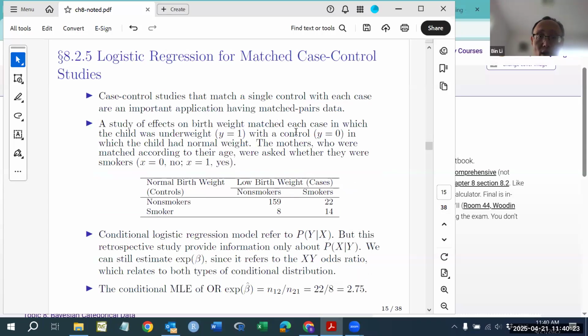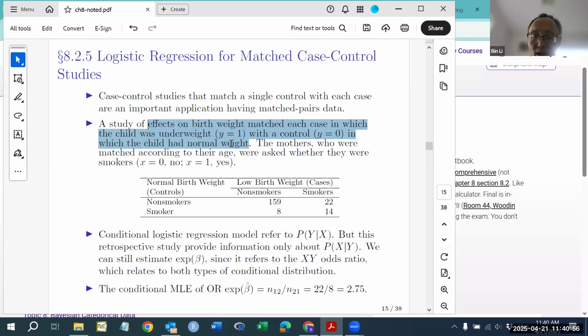Okay, so this is another example. This is the low birth weight study, a matched case control study. In this study, we want to study the effects on birth weight, matching each case in which the child was underweight with a control in which the child had normal weight.